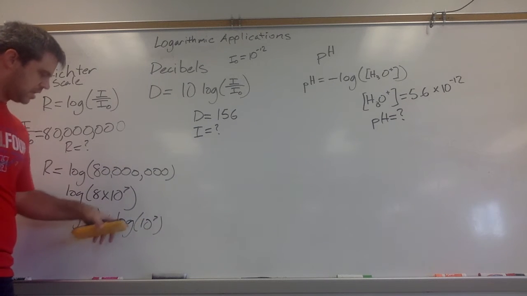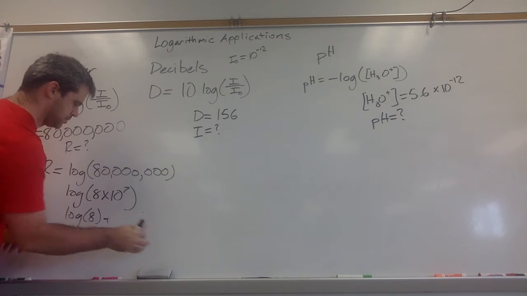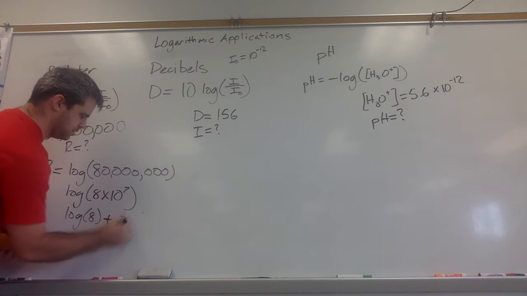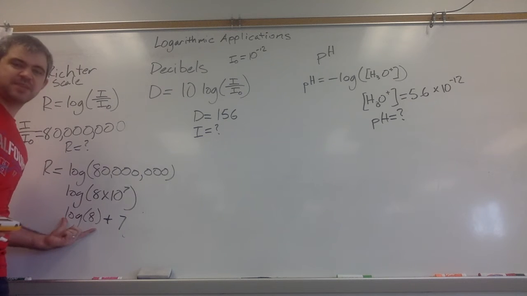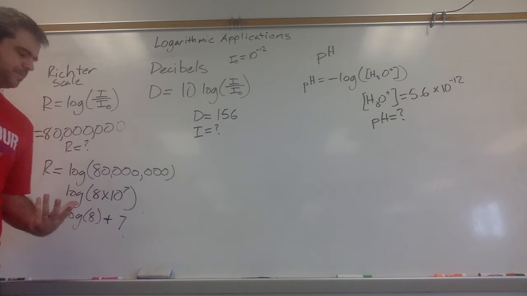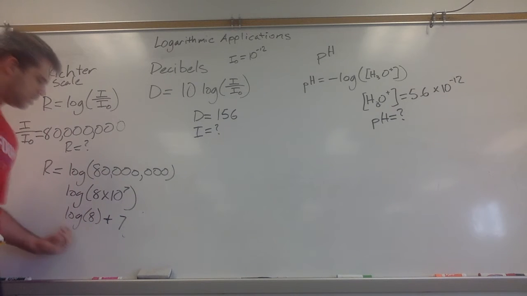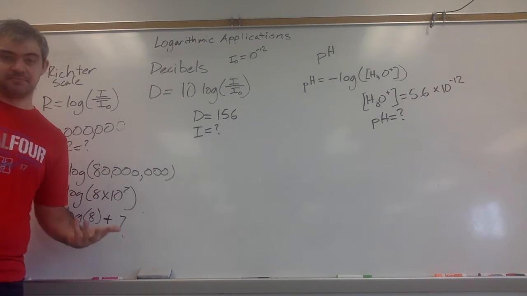And what is log base 10 of 10 to the 7? Well, that's 7. And this is going to be something slightly less than 1. So this is going to get me something around 8.